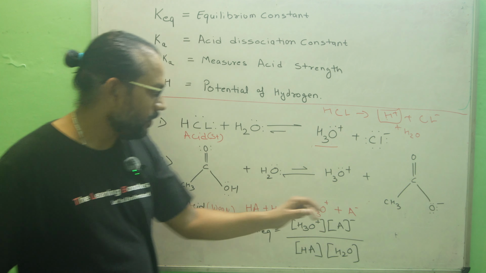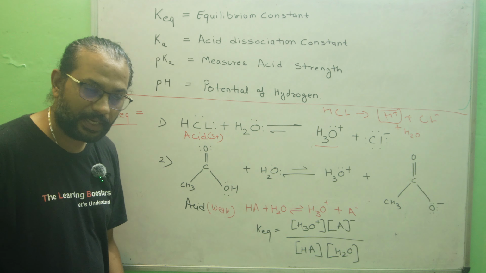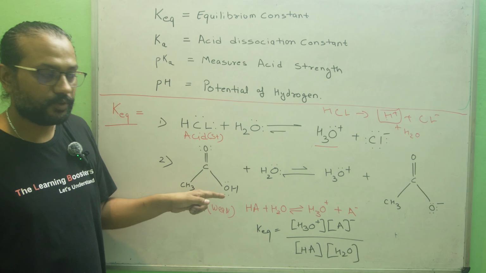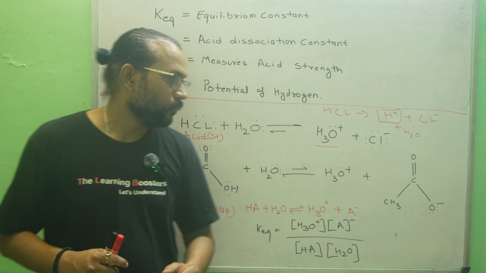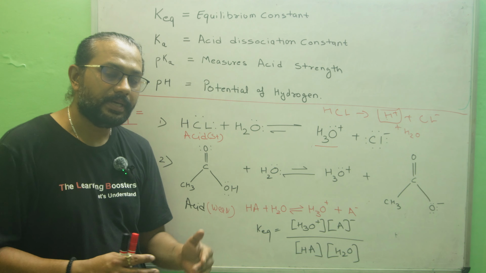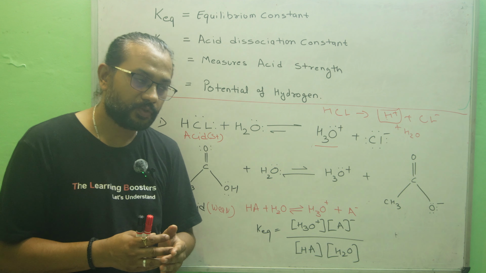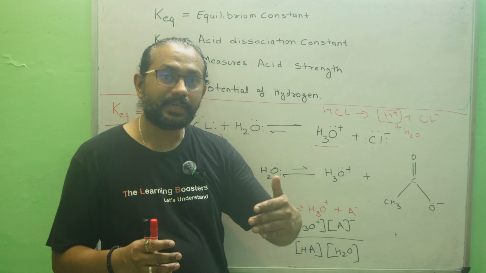Here we need to focus on the fact that it does not completely dissociate. The ions are not completely dissociated. So here is one thing we need to note. When HCl, a strong acid, is dissolved in water, the dissociation of the ion is complete, and we can say the equilibrium lies toward the right.